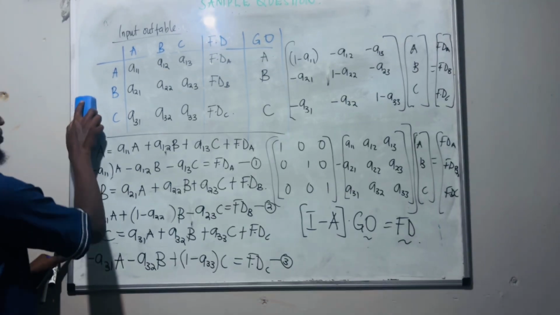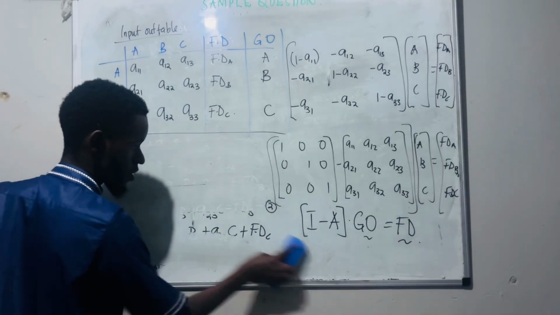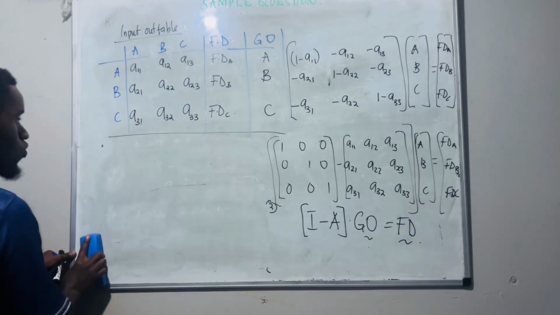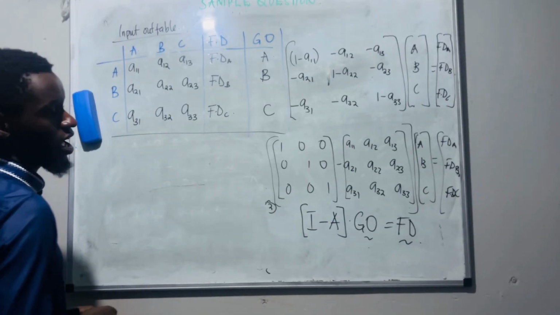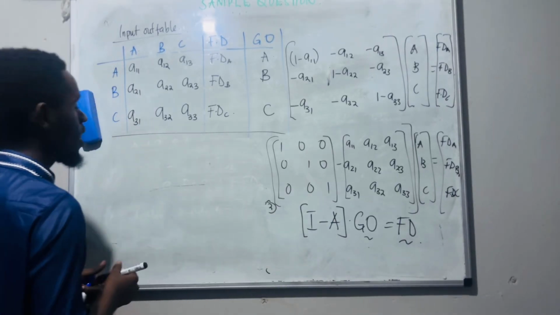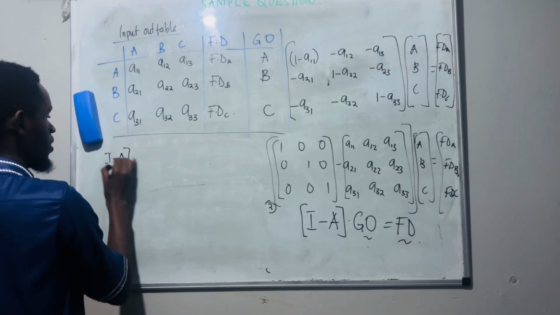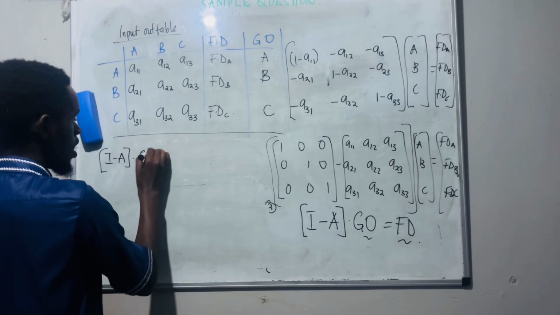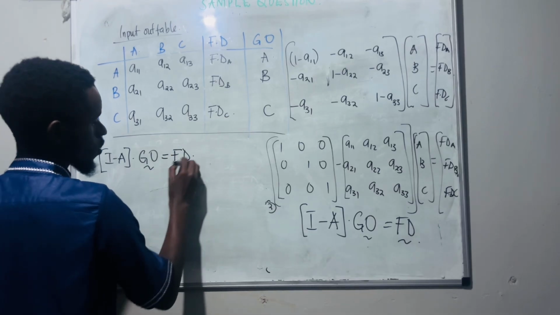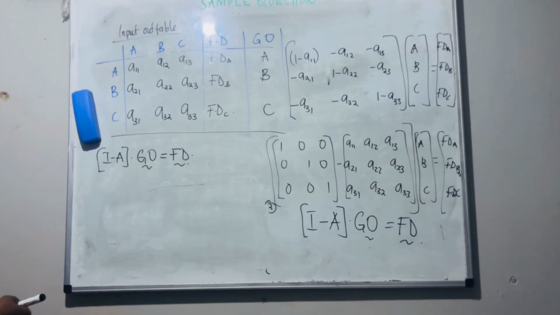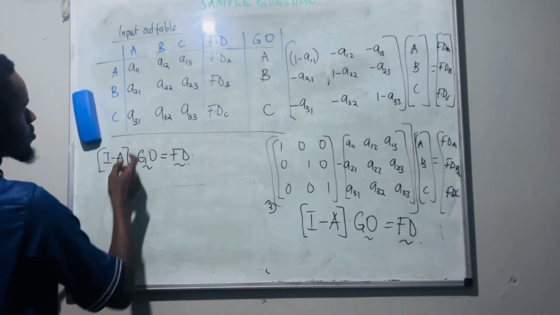Now from there, I just get to something interesting: in order for me to get gross output, remember, I minus A is the technology. If I have I minus A times the gross output vector equals FD, which is the final demand matrix, in order to take this side, I just multiply by the inverse.